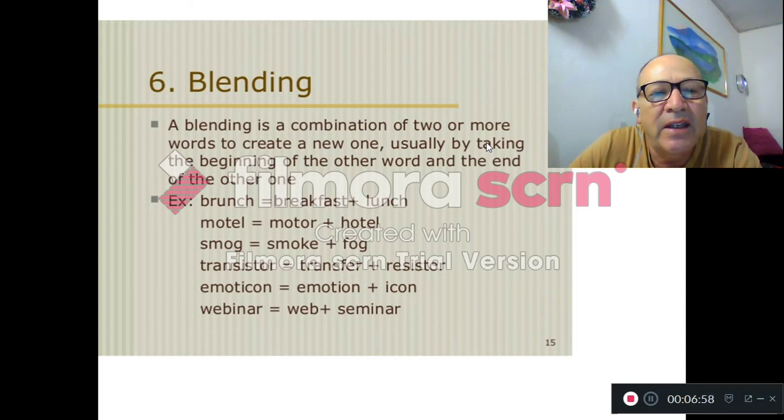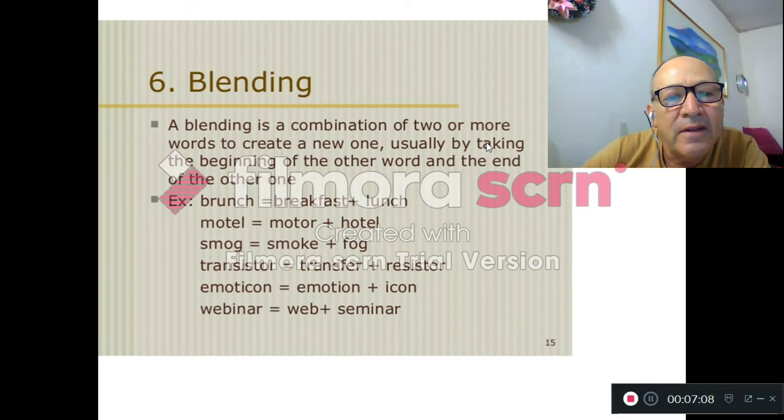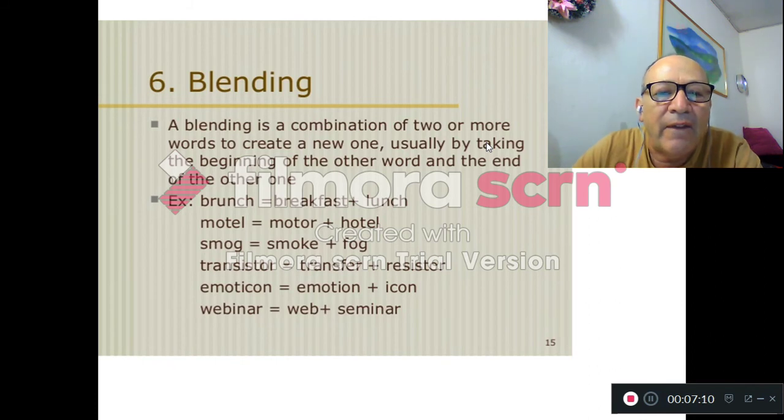Let's go to see the next sample. We have two words, motor and hotel. We're going to take the beginning of the first word and the end of the second word. And the result is motel. Let's go to see smoke and fog.